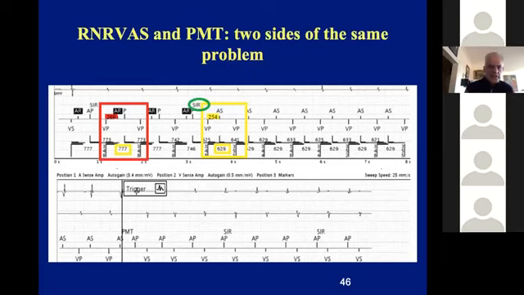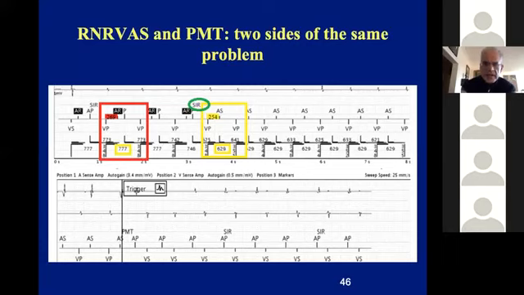Refractory periods change a little bit, and when the rate becomes a little faster, the PVARP actually shortens because of the exercise, and then the atrial sensed event comes out from underneath the refractory period, and then RNR-VAS becomes actually pacemaker mediated tachycardia. So these 2 things may occur almost simultaneously and represent 2 sides of the same problem.